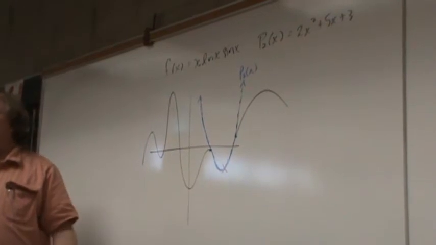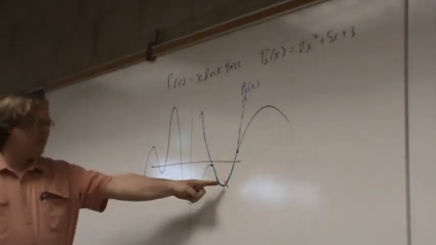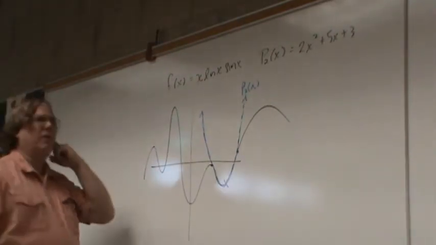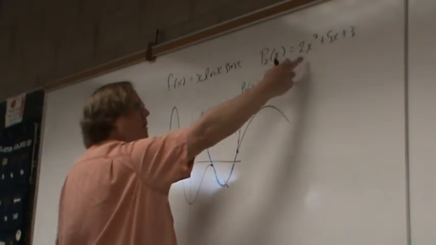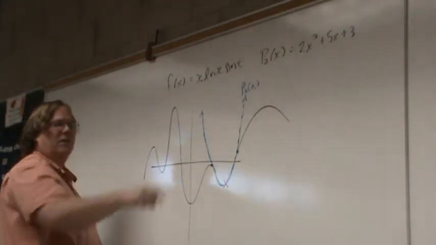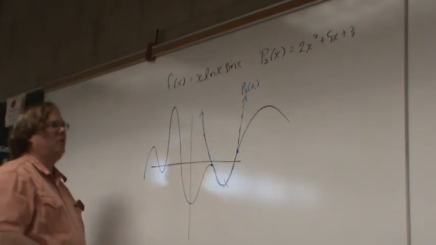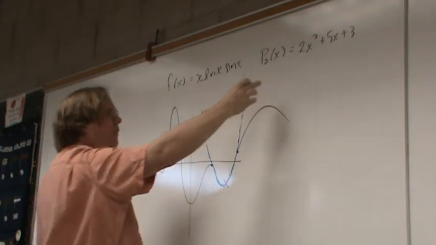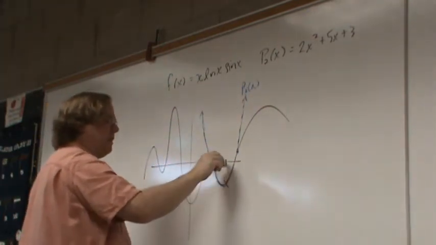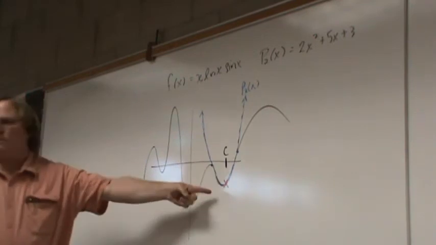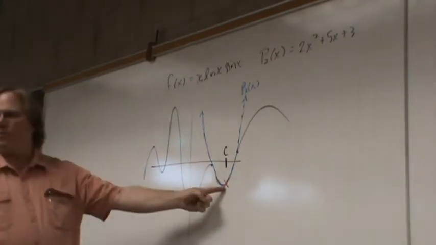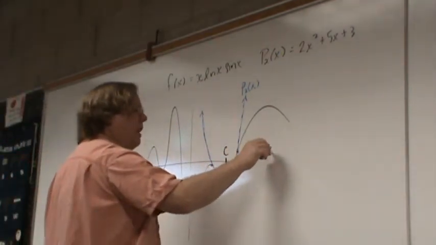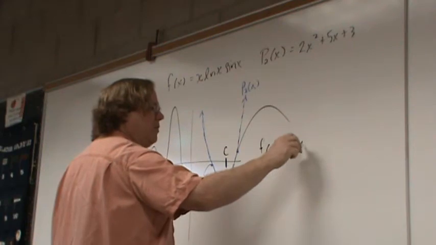Once we've determined the center of my neighborhood of interest, I choose a second degree approximating polynomial function such that, if this center point is called C, then I make sure that f of C equals P2 of C.